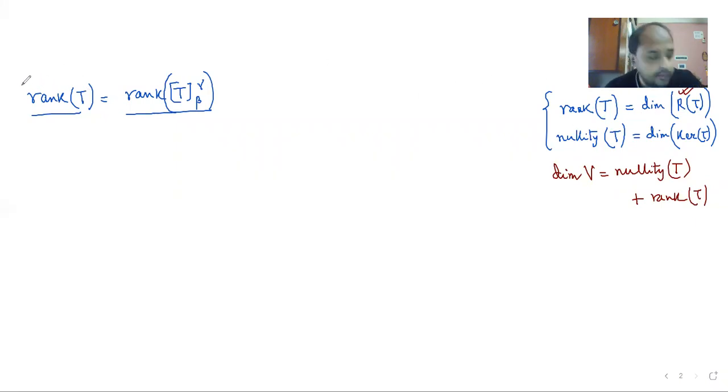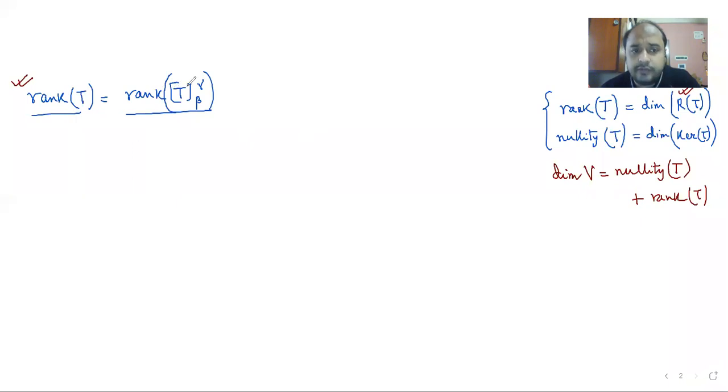I don't want you to prove this theorem, but if you know this particular result, that rank of T is equal to the rank of T beta gamma, whatever the linear transformation is, then it is far easier to find the matrix representation T beta gamma than to find the range of T. I don't know whether you are agreeing with me or not, but I think finding T beta gamma is far easier.